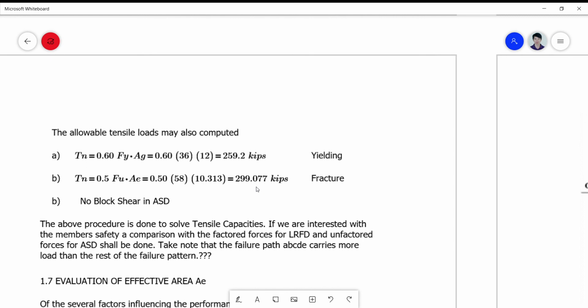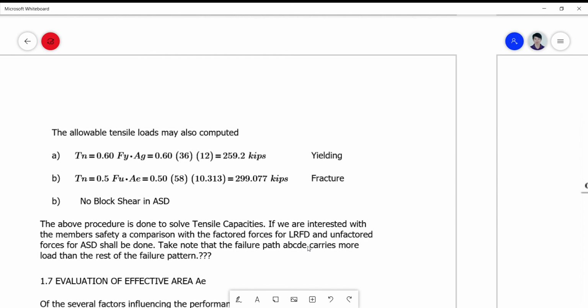The above procedure is done to solve tensile capacities, and if we are interested in the member safety, a comparison to the factored forces for LRFD and unfactored forces for ASD shall still be done. Take note that the failure path ABCDE carries more load than the rest of the failure patterns, so the ABCDE failure path for fracture is the most critical.